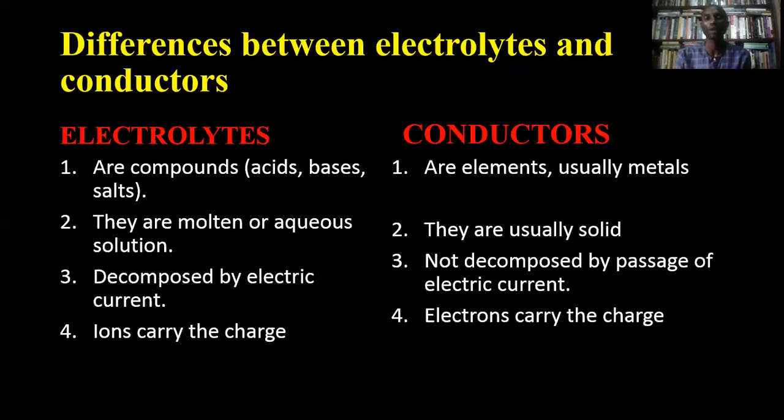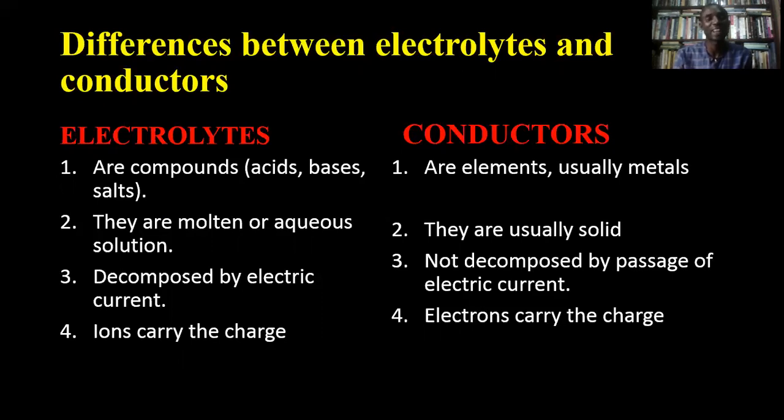Electrolytes are compounds, basically acids, bases, and salts. It could be any of them, while conductors are purely elements, usually metals.